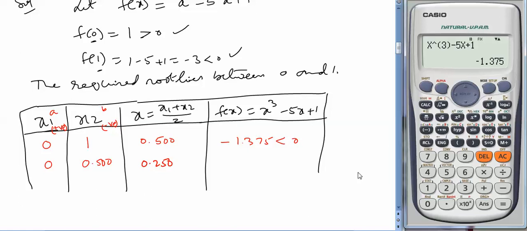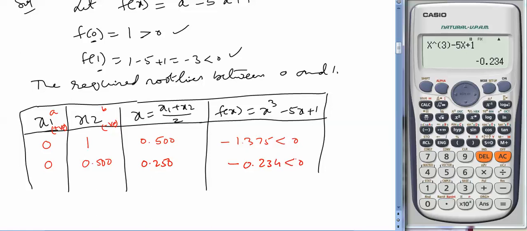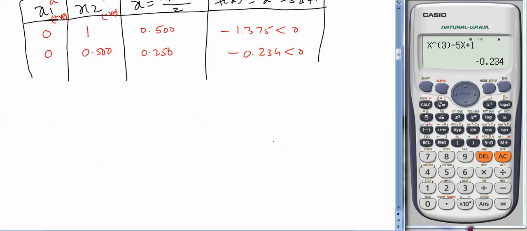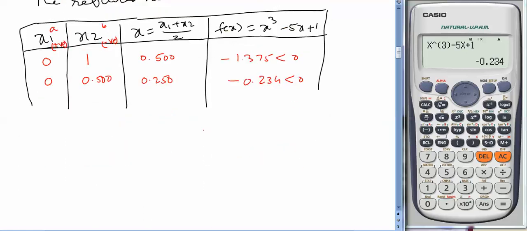You will get the same equation. Press calc button. Now type 0.250. You will get minus 0.234. Again it is negative. Write the x value in the negative column. Again the required root lies between 0 and 0.25.